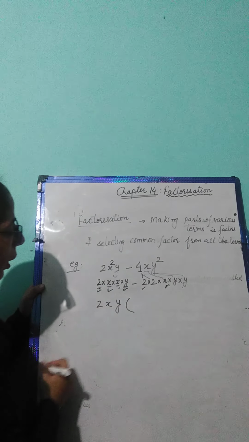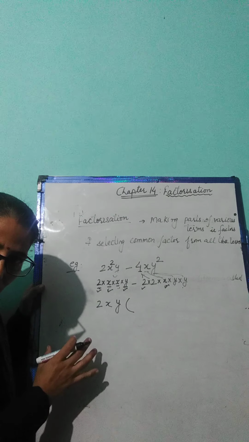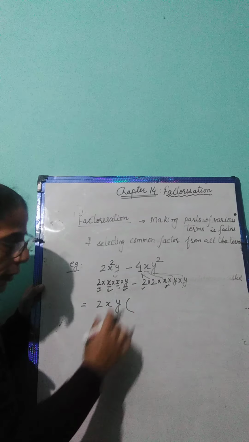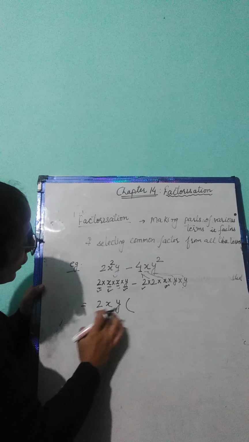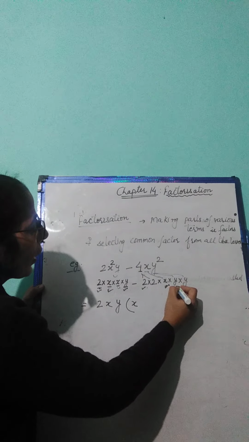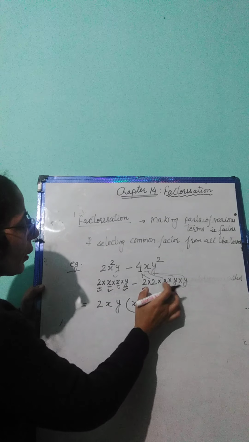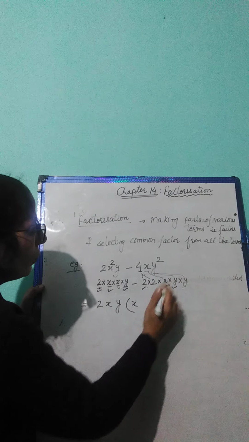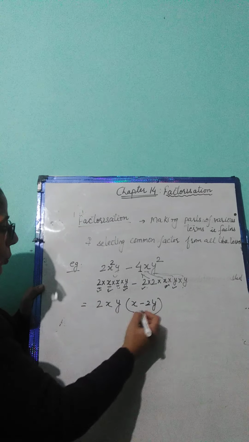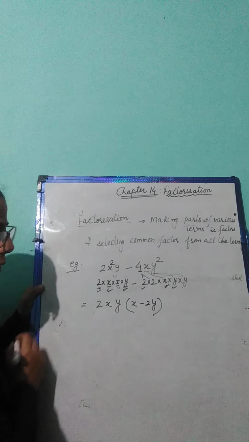Now because I have taken something common, it will be taken out. Just think as if I am dividing by this. So 2xy has come out. What is left here? Only 1x. What is left there? 2y. So x minus 2y. This is the factorization.